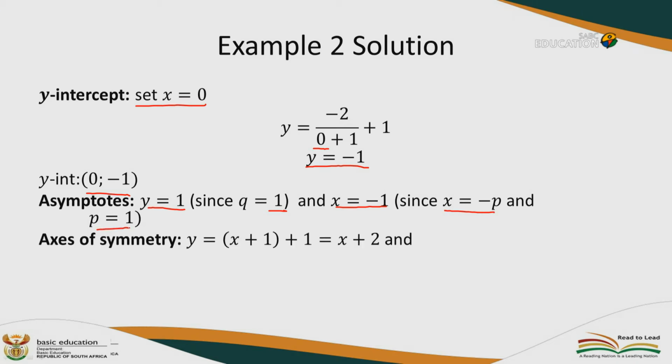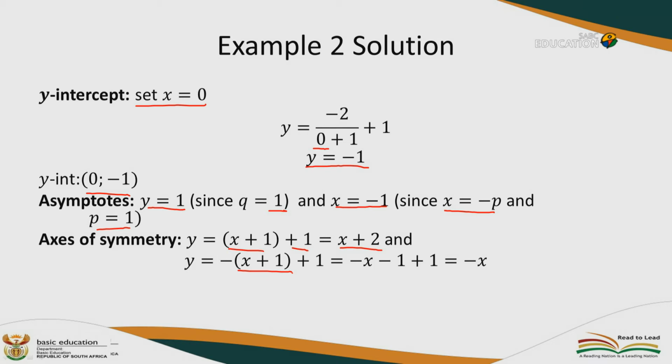Okay, in terms of the axis of symmetry, we can get it from the equation. This is going to be y equal to x plus 1, and this will give us y equal to x plus 2. So this is the axis of symmetry with a positive gradient. Now the one with a negative gradient will be y equal to negative in brackets x plus 1, plus 1.